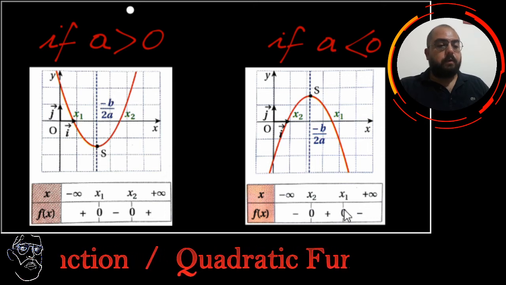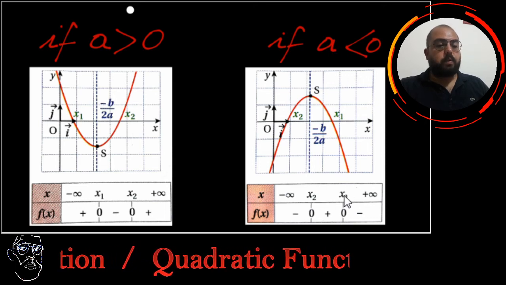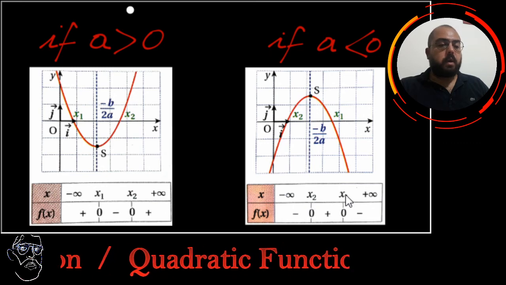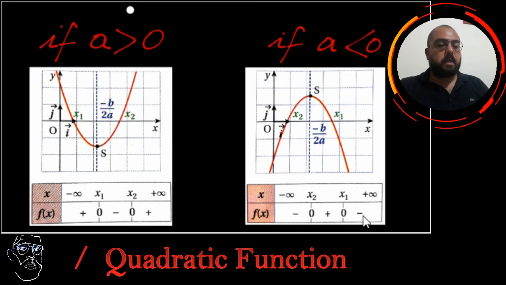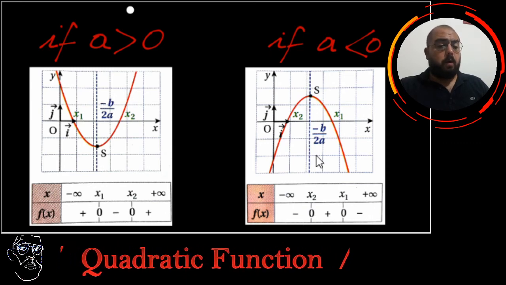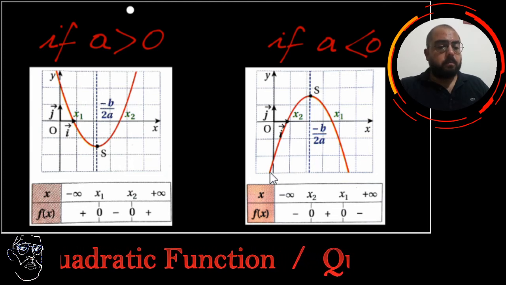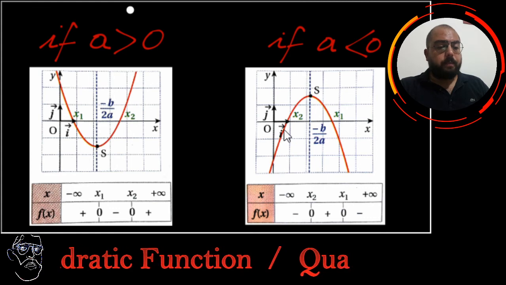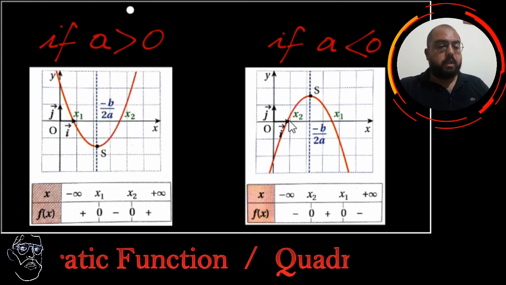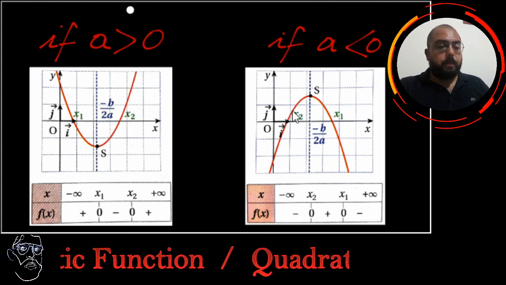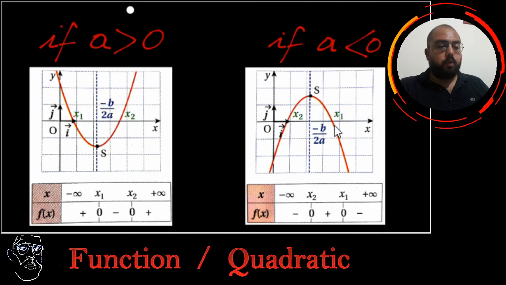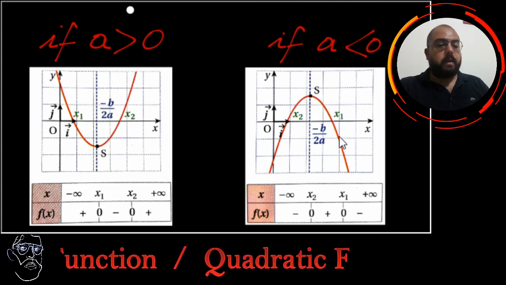So a is negative, you will have to say it's positive between x1 and x2. Outside x2 and outside x1, it will be the same sign as a, negative, negative. Now if you check the parabola, it will start from the negative part. It will reach 0 for x2, then it will be positive, it will reach 0 for x1, and then negative again.